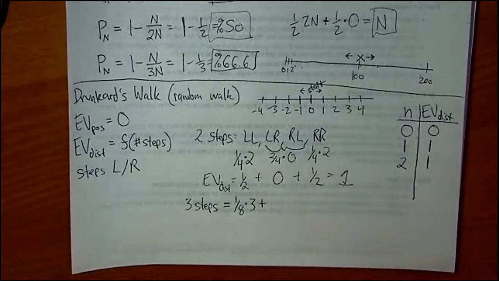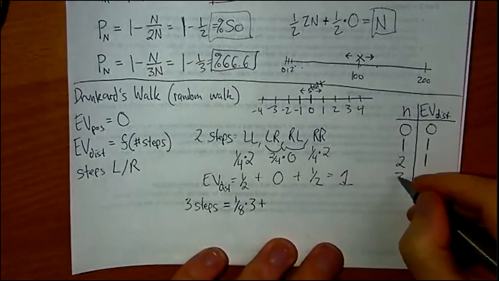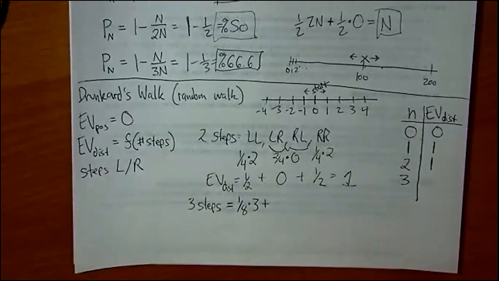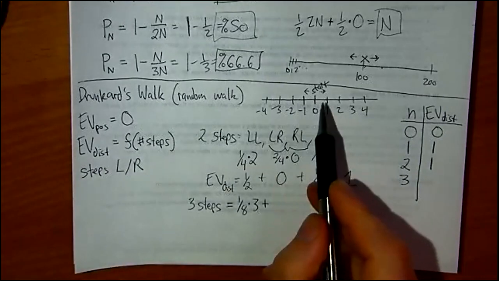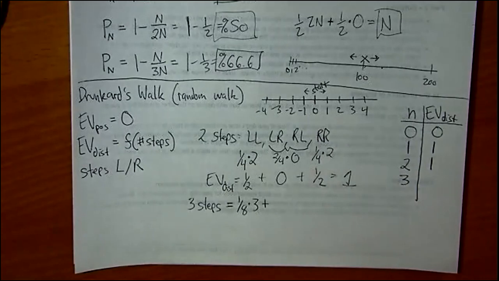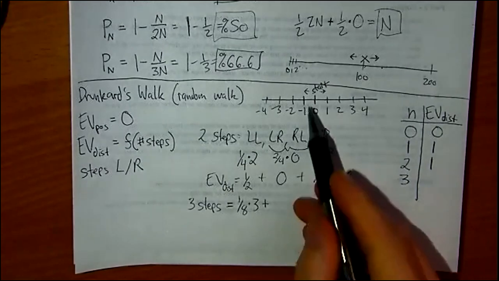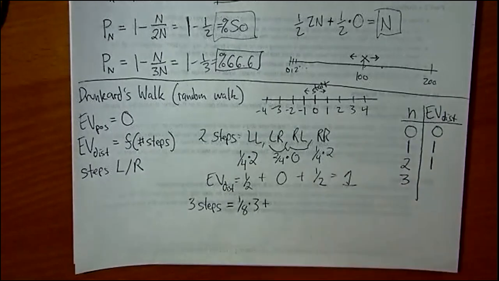Well, it's like Pascal's triangle, but it's not exactly Pascal's triangle. We're gonna see it in a minute here. So what else could happen if I was to go 3 steps away? What other number could I end up at over here on the left side of 0? Yeah, -1. Okay. And how many different ways could I get to -1? 3 ways.